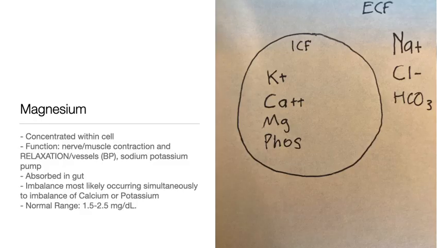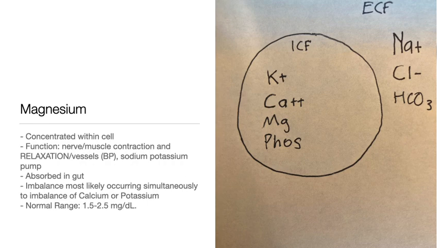Next up, we have magnesium. This is also concentrated within the cell more highly than outside the cell. Its function is also with nerve and muscle contraction, relaxation of these muscles, relaxation of blood vessels, and the sodium potassium pump.